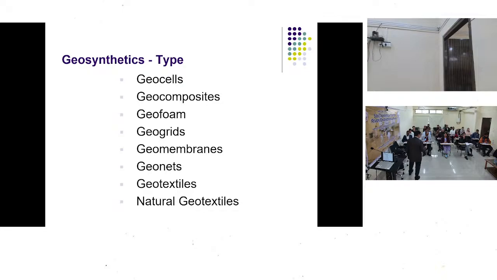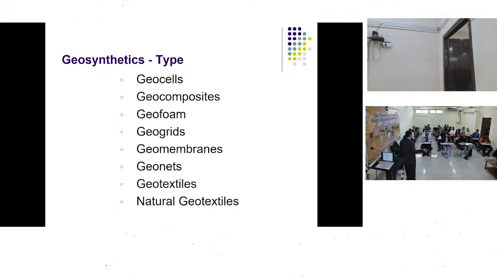So now we come on to the different types of geosynthetic materials. What are the different types of geosynthetic materials? So these are the different types, starting from geocells, geocomposites, geofoams, geogrids, geomembranes, geonets, geotextiles, and natural geotextiles. This list may also confuse us. What is a geocell? How do I remember what is a geotextile? How do I remember what is a geonet?